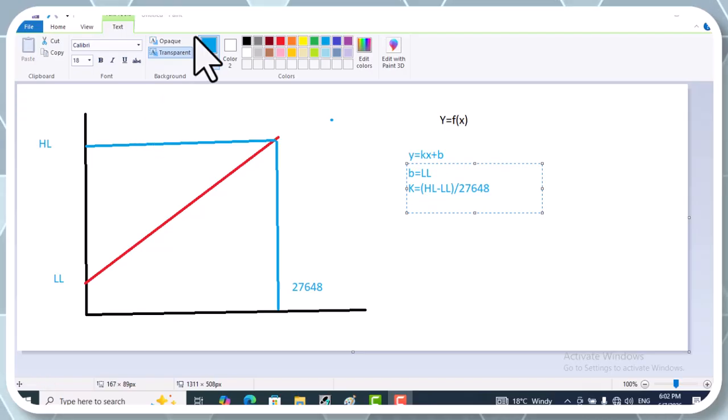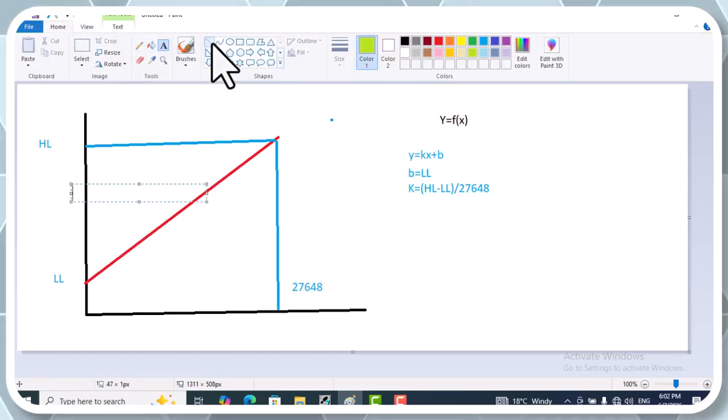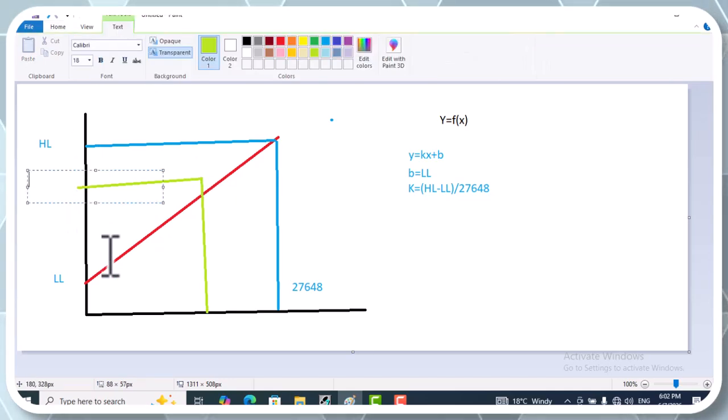And imagine that we have the out value. Let's do it like this from here, and here. This is our out, and let's write it here. And how do we calculate this?